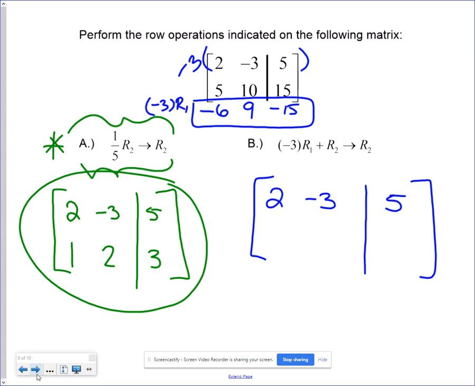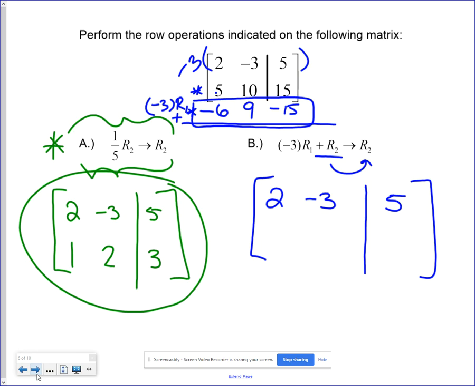What do I want to do with that? I want to add it to row 2. And then what am I going to do with that? It's going to replace my row 2. So I'm just going to add these two rows together.